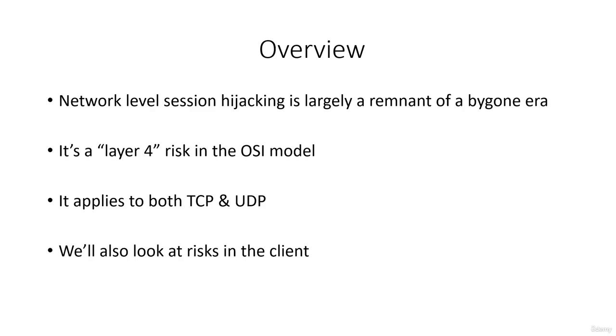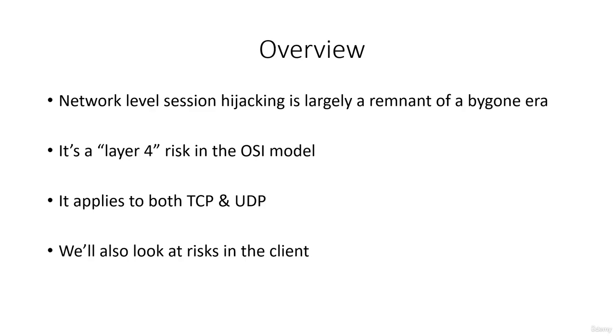Firstly, I mentioned that we are going to be looking at both TCP and UDP, and if you are not already aware of the difference between these two protocols, don't worry, I am going to make it clear, and I will explain how the risk of session hijacking differs between the two, because they are fundamentally different communication protocols. And finally we are going to take a look at the risk on the client.